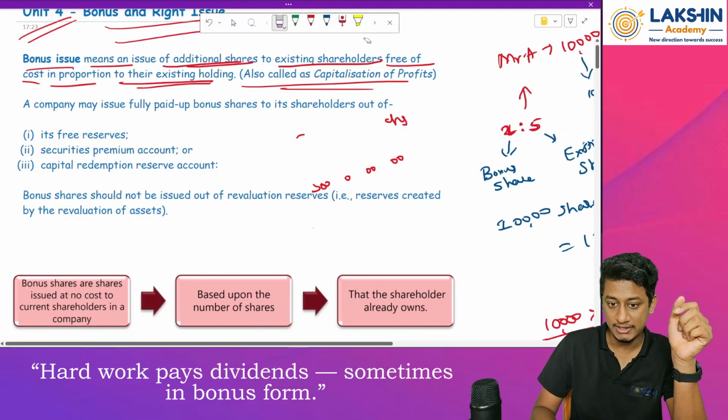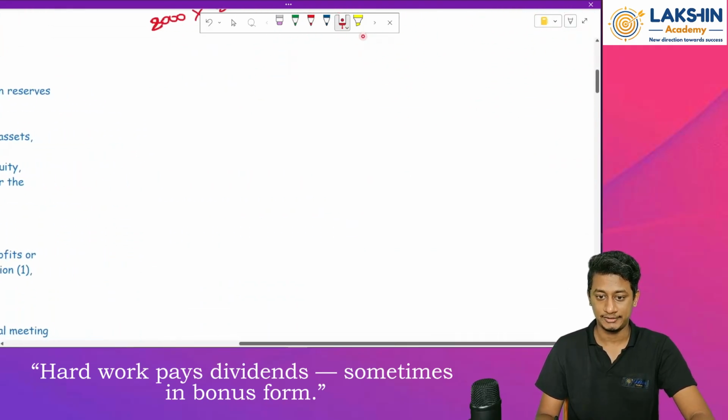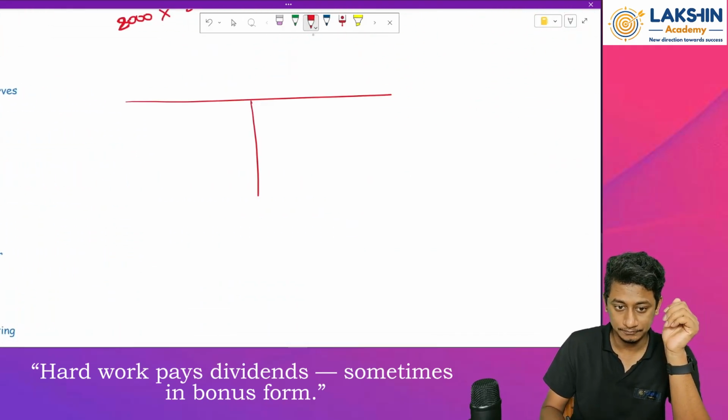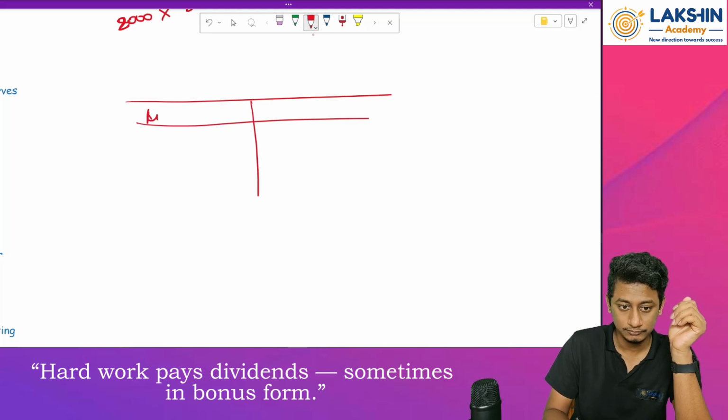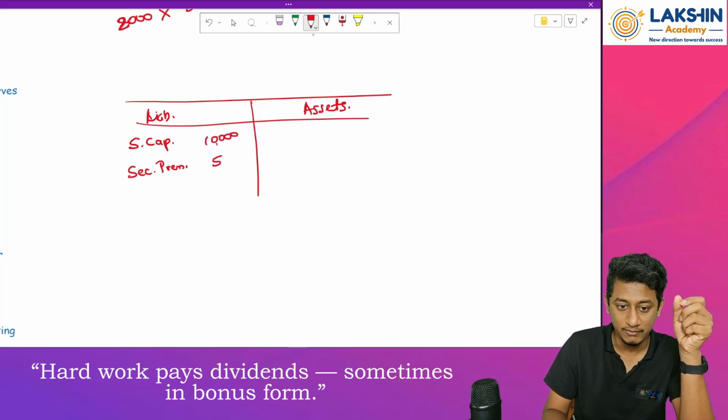See, let me just draw up a balance sheet for you to better understand this concept. Liabilities, assets. We have share capital over here. For example, we have securities premium also. Share capital is, let's say, worth rupees 10,000, and securities premium is rupees 5,000.